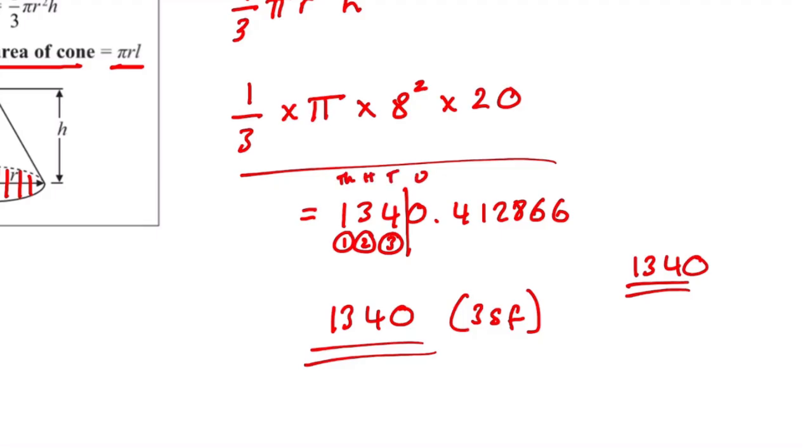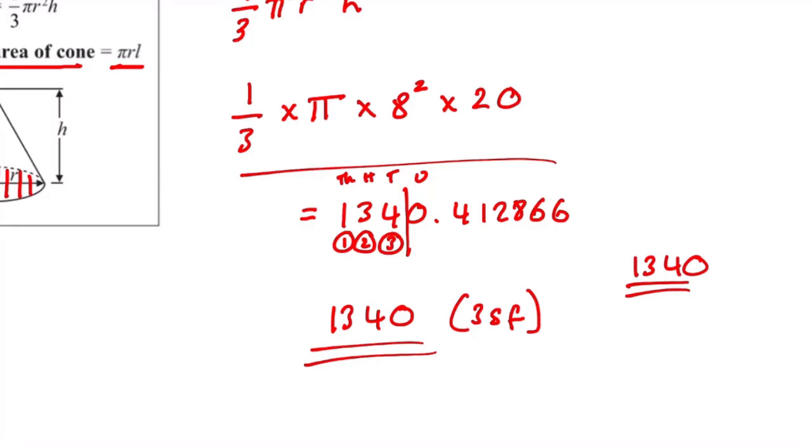The first 3 significant figures occupy the thousands, hundreds, and tens columns, but we need to occupy the units column as well. That's why we add in a 0. If we just had 134, that's nowhere close to 1340. We've missed a column out.